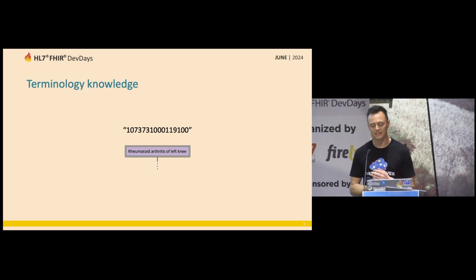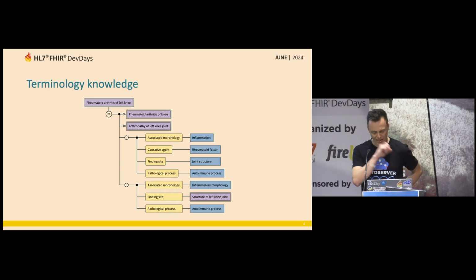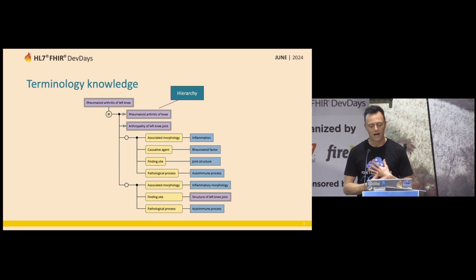This is a SNOMED CT code that might have been recorded as a diagnosis or finding, rheumatoid arthritis of left knee. If we look this code up within SNOMED CT, we find there is a great deal of information available to describe it. Hierarchy can describe the relationship between this concept and more general concepts or more specific concepts.